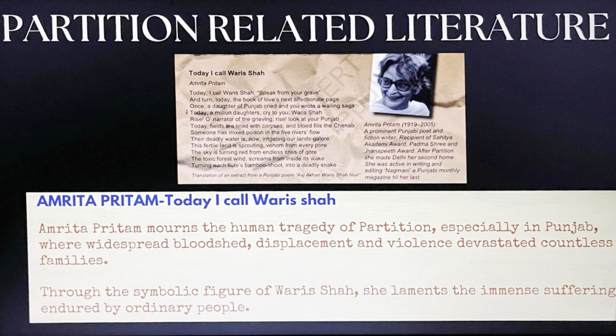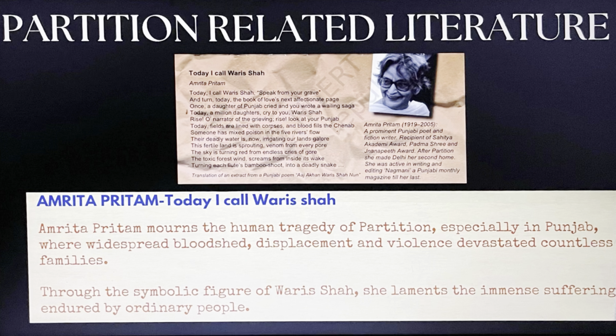Through an imaginary character called Waris Shah, Amrita Preetham tries to convey what kind of tragedy partition brought in the area of Punjab. She says that she is trying to awaken Waris Shah from his grave to see what blunders, what kind of bloodshed has happened in the Punjab that he had left.